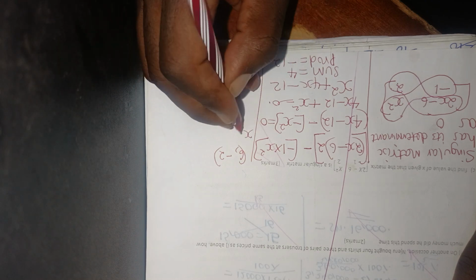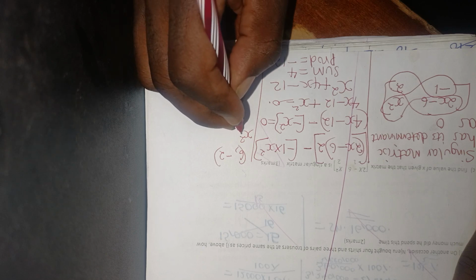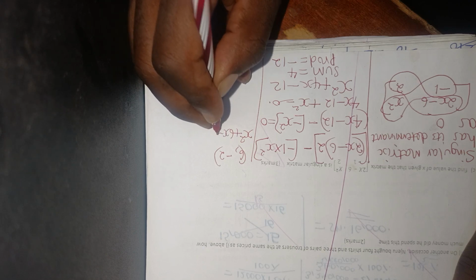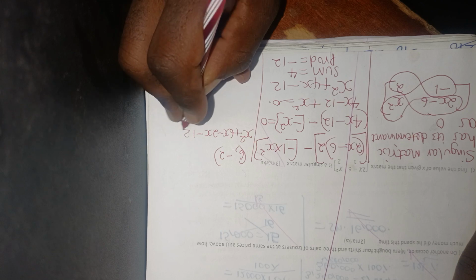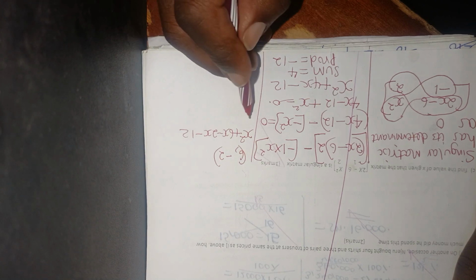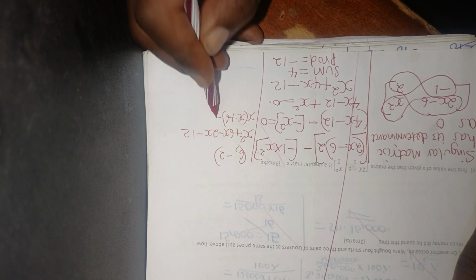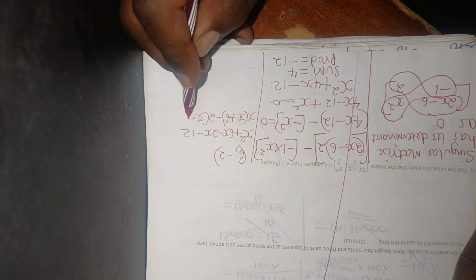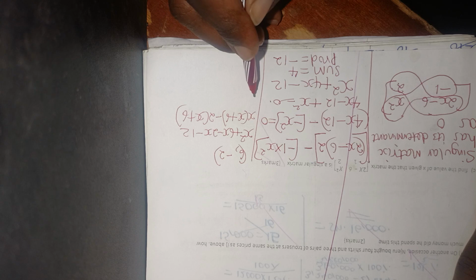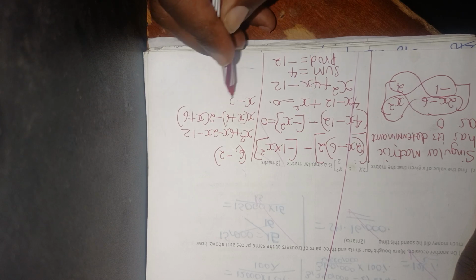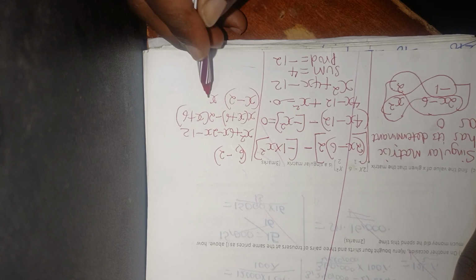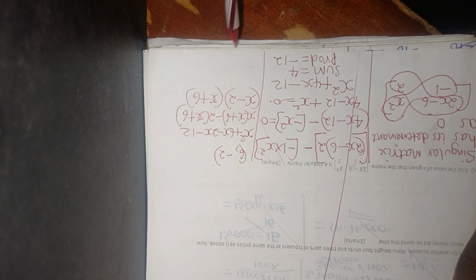So we have x squared plus 6x minus 2x minus 12. That gives x into x plus 6 minus 2 into x plus 6, so that our final answer becomes x minus 2, then x plus 6.